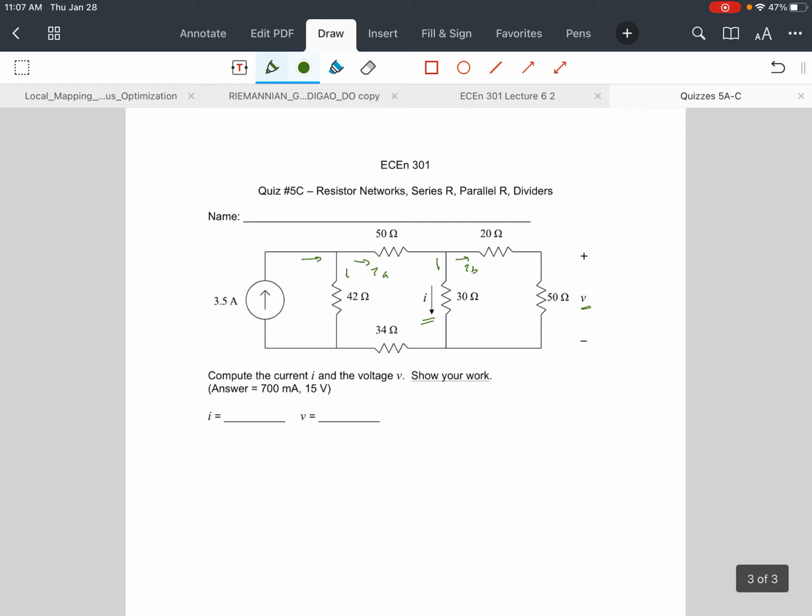To find IA, we're going to have to find the total equivalent resistance right here. So let's just think about that for a minute.